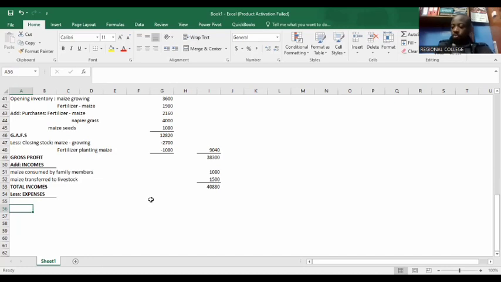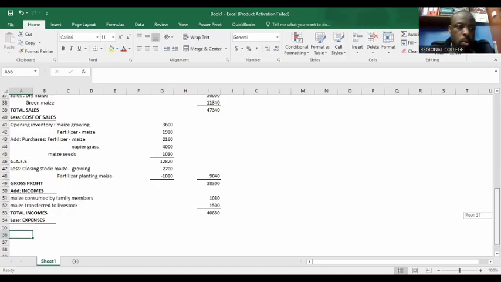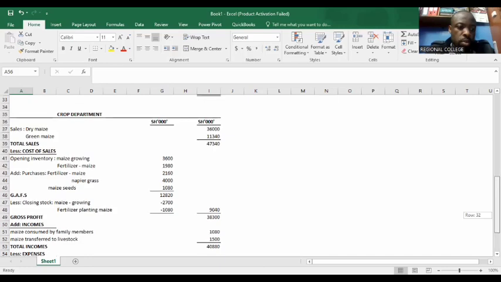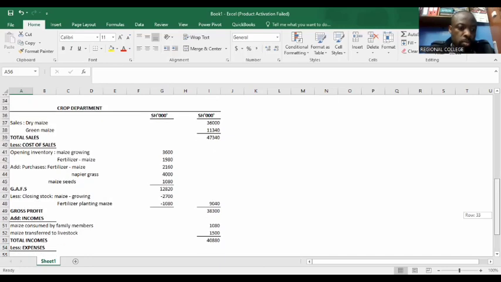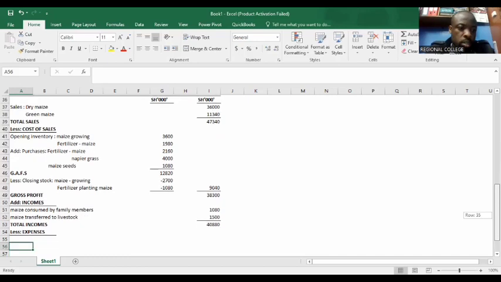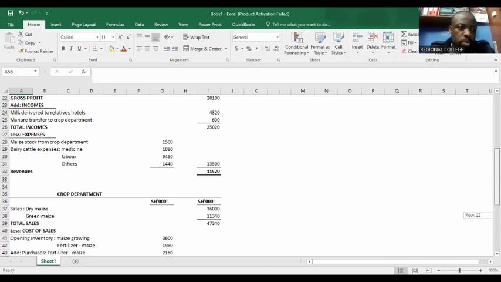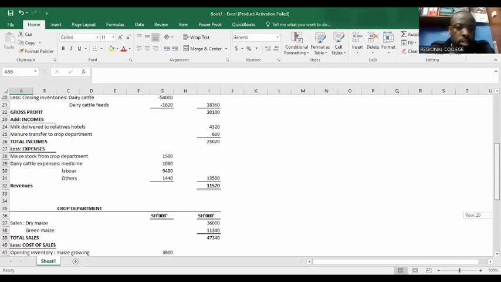Whatever they receive from will be treated as an expense. There is something that they received from the other department. The manure. They received manure, 600. So manure from crop department, 600.